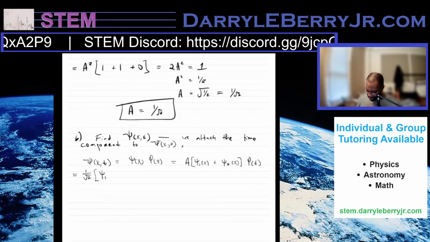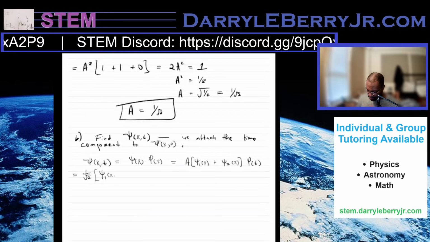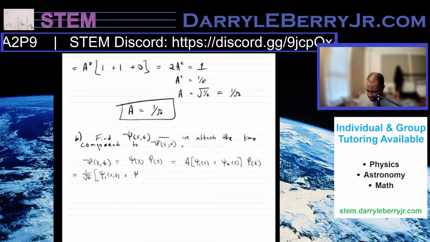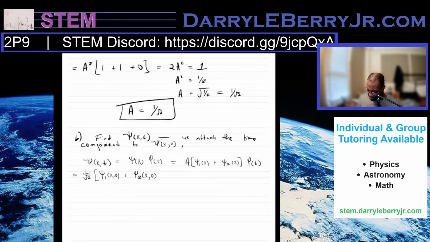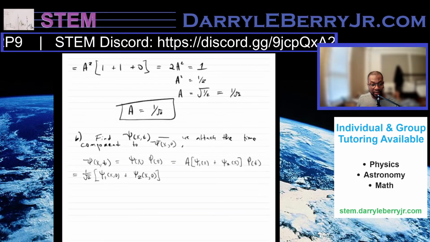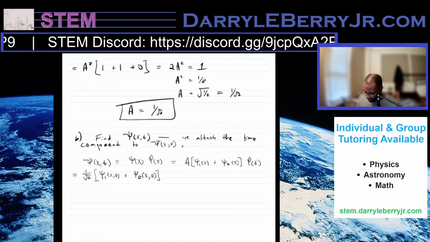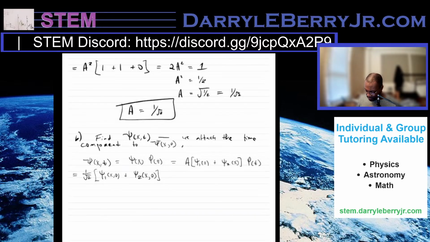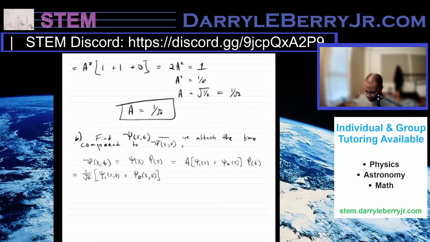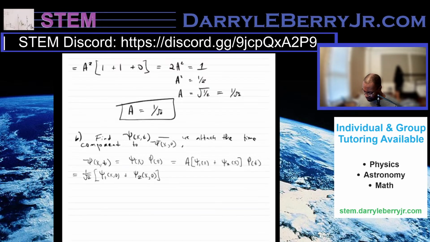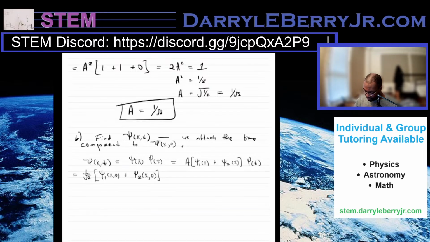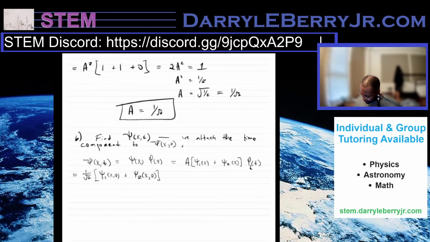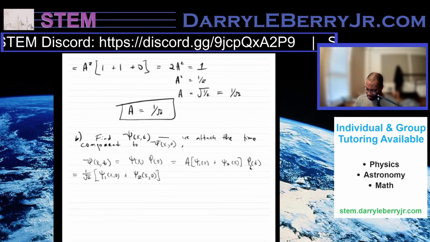times psi 1 of x at 0 plus psi 2 of x at 0 times e to the negative i. I need to, this is correct if I put an i here. And I got to distribute that.